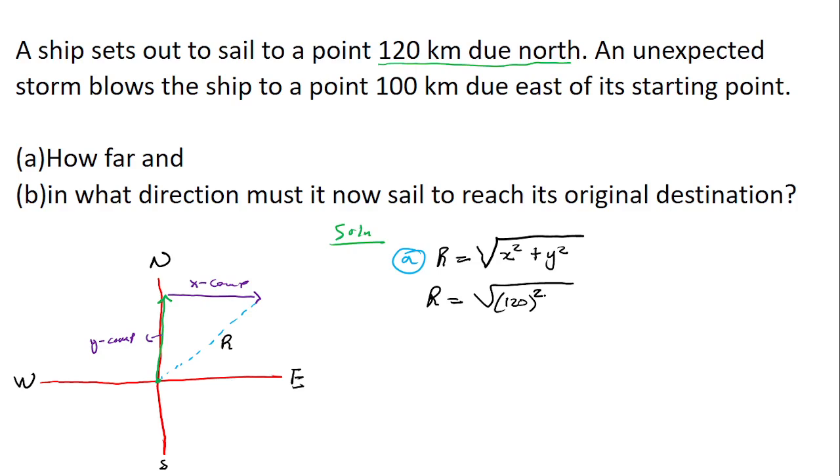So plus 100 squared. From there, r will simply be equal to the square root of 120 squared plus 100 squared. What are you finding inside there?